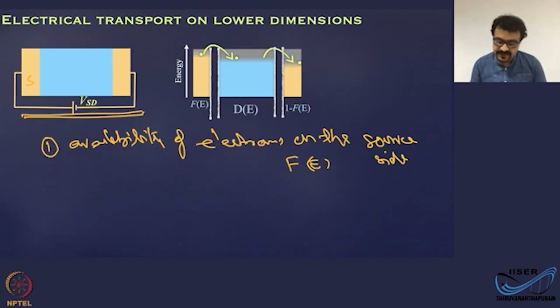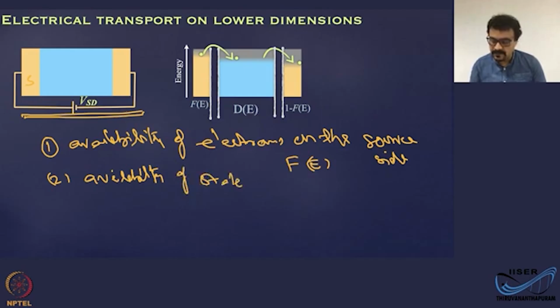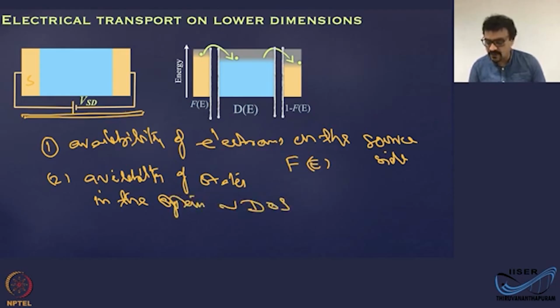And secondly, the availability of states in the system. That is nothing but the density of states, D of E. And three, whether there are states available on the drain side.